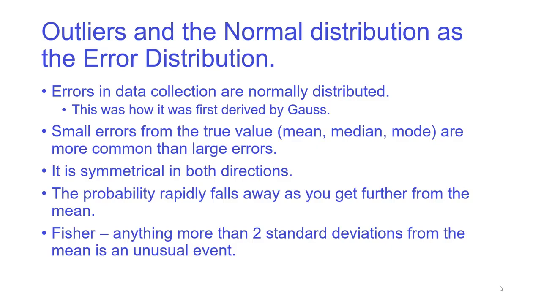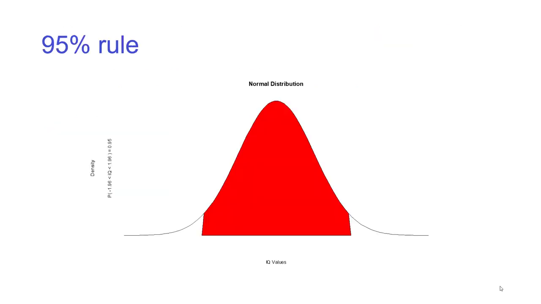Later, Fisher, who is one of the founders of modern statistics, said that if you had any data point that's more than 2 standard deviations away from the mean, it's really unusual. So what this means is, within the normal distribution, which you can see here, the bell curve, the unusual values are sitting in those white regions at the edge, which are more than, in this case, 1.96 standard deviations from the mean.